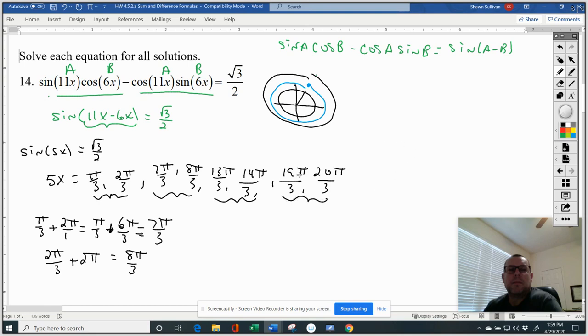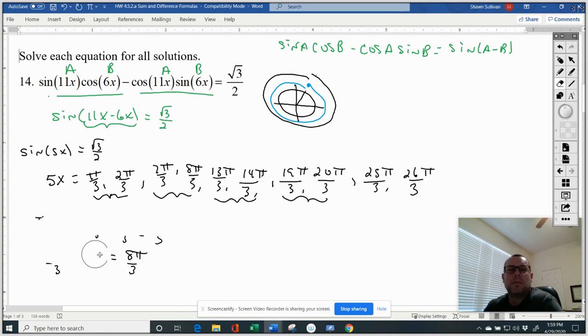We need one more. So I'm adding 2 pi over 3 to 19 pi over 3, and that gives me 25 pi over 3. And I'm adding 2 pi to 20 pi over 3, and that gives me 26 pi over 3. I'm going to erase all of this.